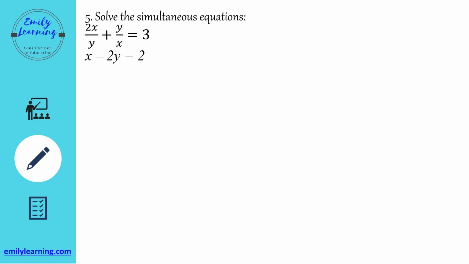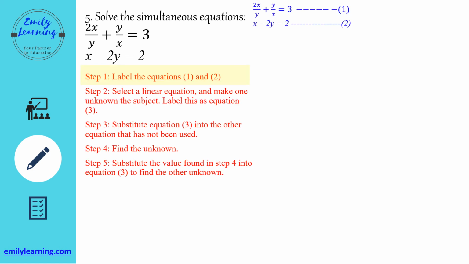Next, let's try another question. Solve this pair of simultaneous equations. The steps are exactly the same. We'll use the 5-step method and label the equations 1 and 2 first. Next, we'll select the linear equation and make one unknown the subject. In this case, you have x and y divided by each other in equation 1, so equation 1 is a non-linear equation.